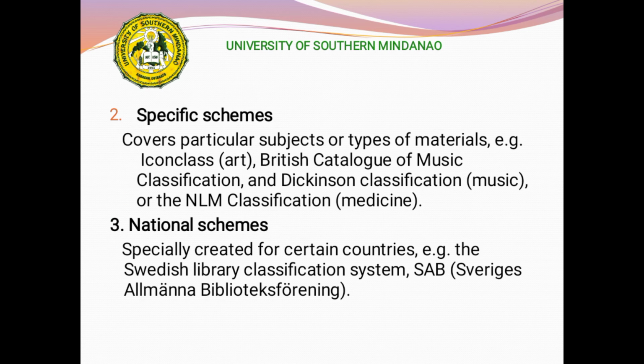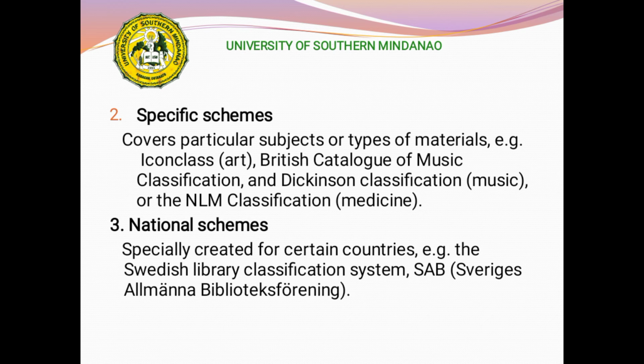And number two is specific schemes, which cover particular subjects or types of materials. Examples: Iconclass for art; British Catalogue of Music classification and Dickinson classification for music; or the NLM classification for medicine.